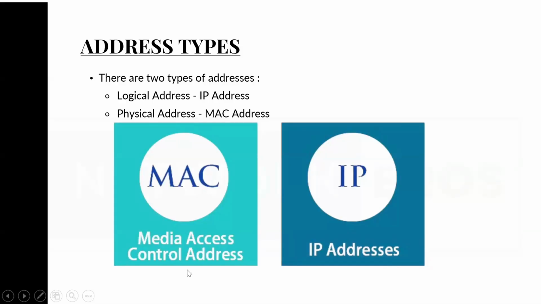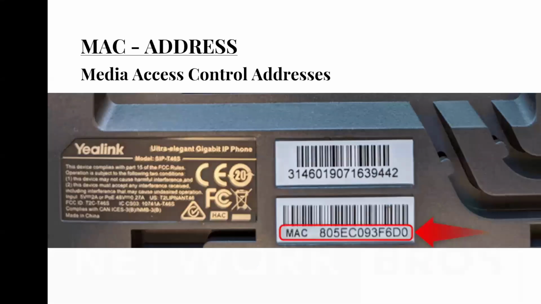Now, what is a MAC address? It is a 48-bit address. What do you mean by 48-bit? In the next session, I'll tell you more in detail about it. Ideally, if you take any device, whether it is a phone or your laptop, you will see something mentioned as MAC, and a 12-digit alphanumeric value.